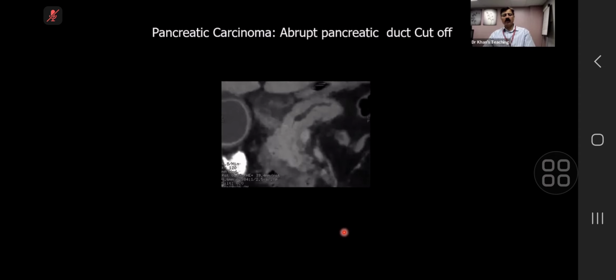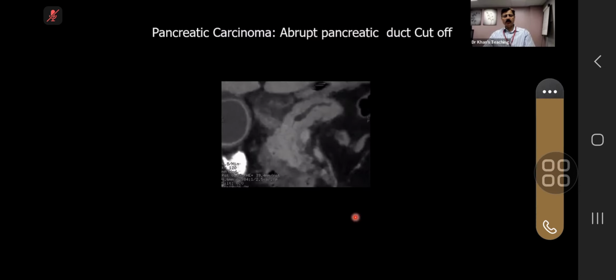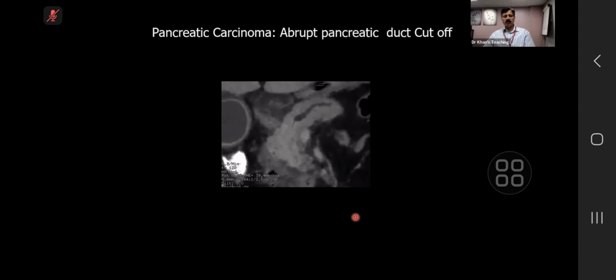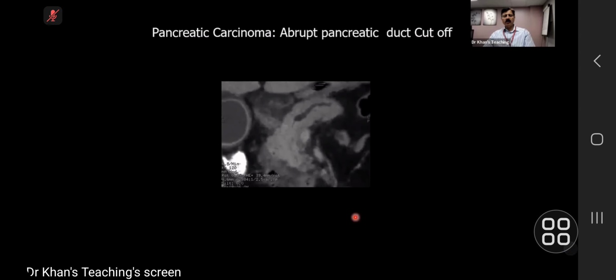Yeah. So I warn you that this is one of the most important signs. The double duct sign is very easy because both ducts are dilated and it means that the tumor is quite big. But I have seen many cases and many discrepancies in my life where this sign was missed, and retrospectively the patient had this sign.